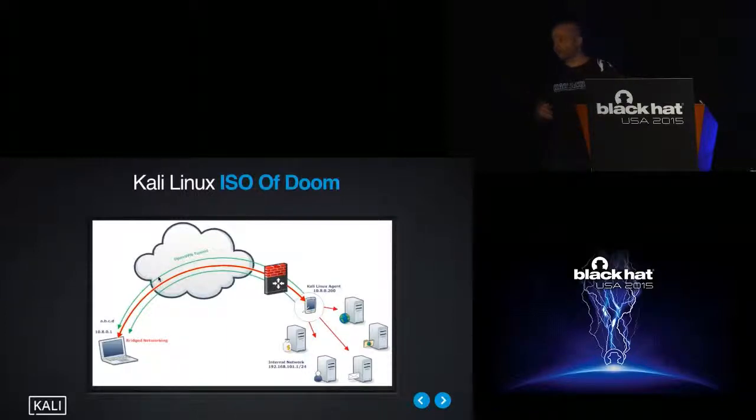This is what we called the Kali Linux ISO of Doom, because it was pretty cool. You just drop your Kali machine here, and the reverse VPN connection happens, traversing the firewall and bridging the two networks: the attacker network and the internal network.